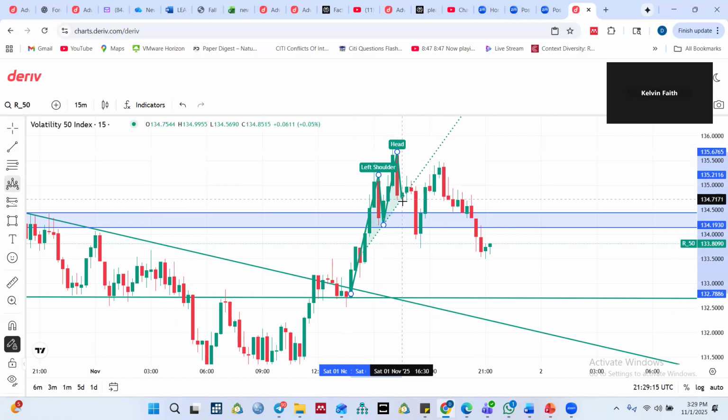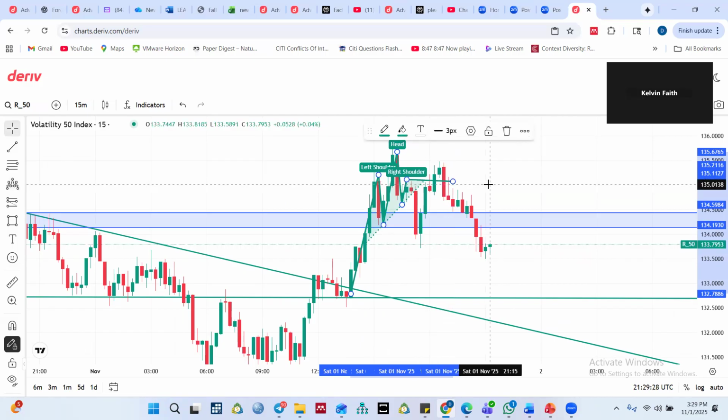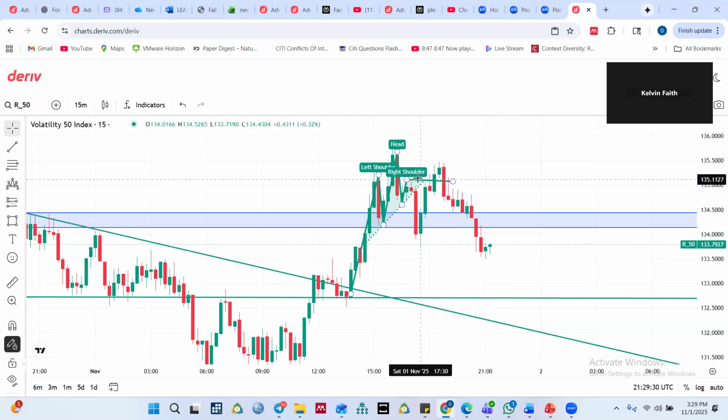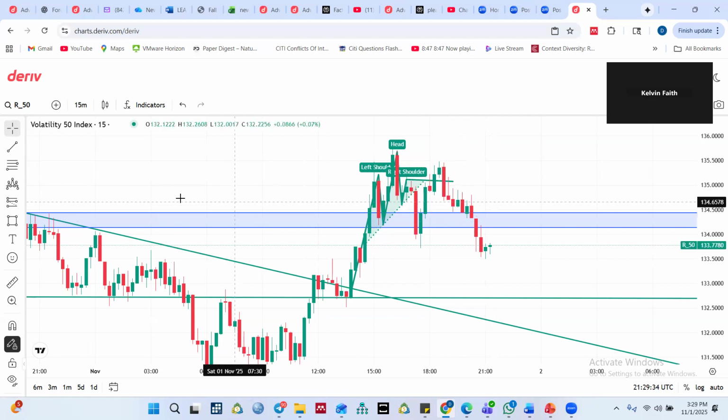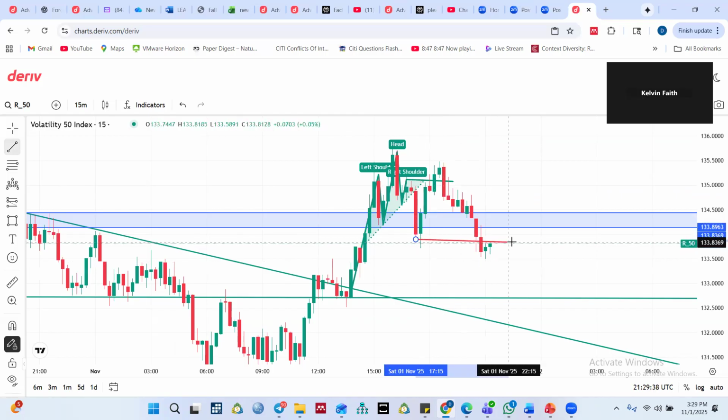And I can see price drops to hit the neckline, moves up to retest, making a right shoulder, breaks the neckline, and pulls up to sweep the right shoulder, taking liquidity, and price displays. The target would be to take the low that it made first.